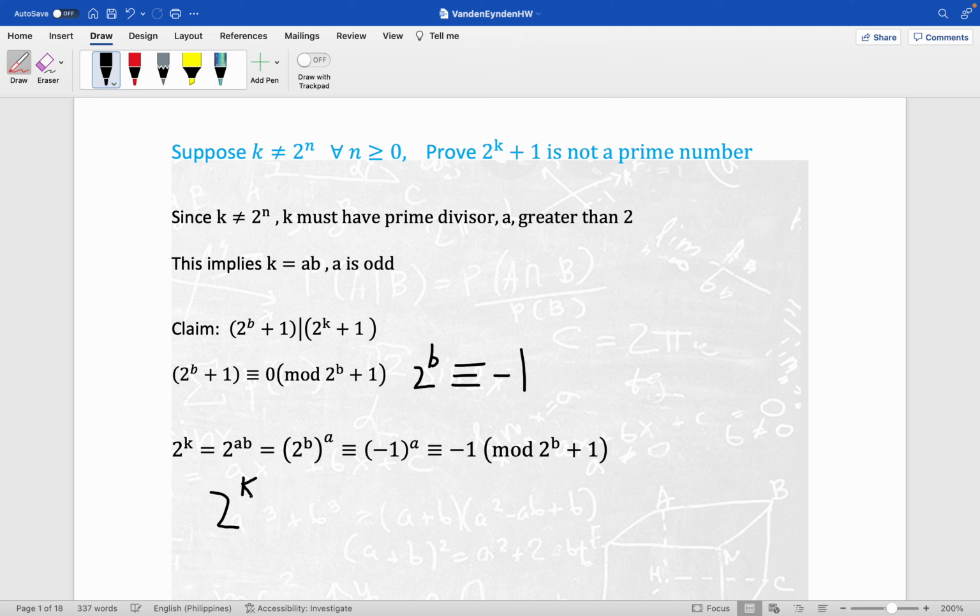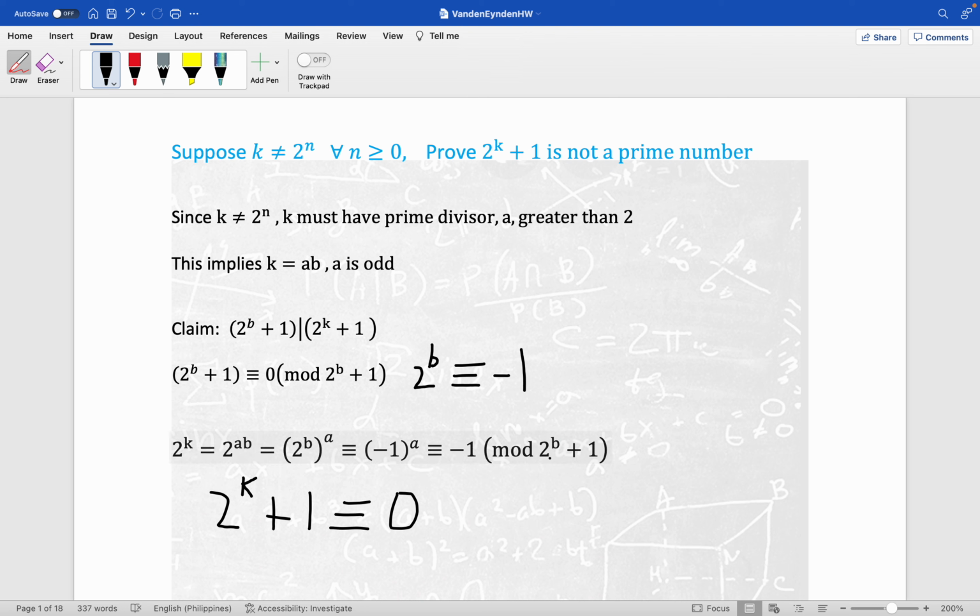When you add 1 to both sides, this will be 2 to the k plus 1, which is congruent to 0 modulo this.